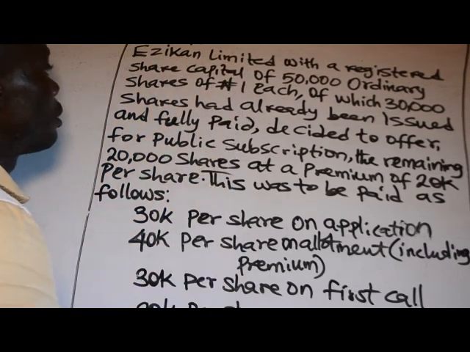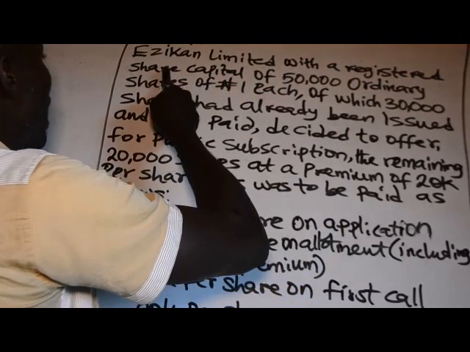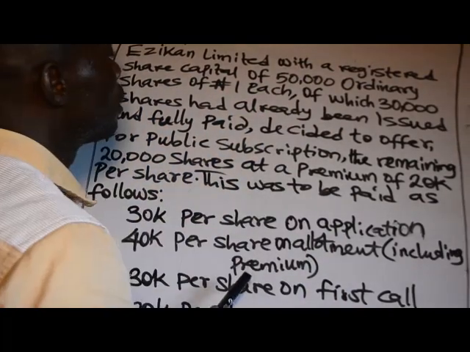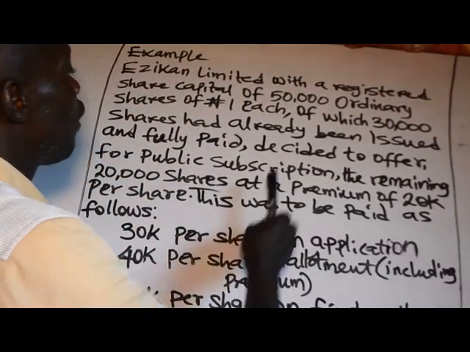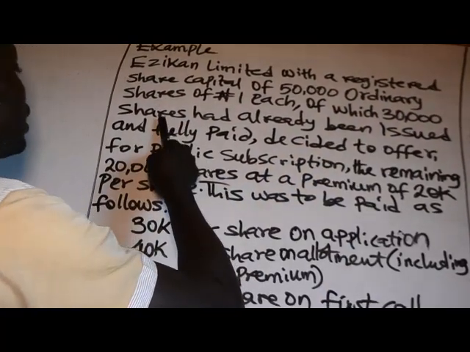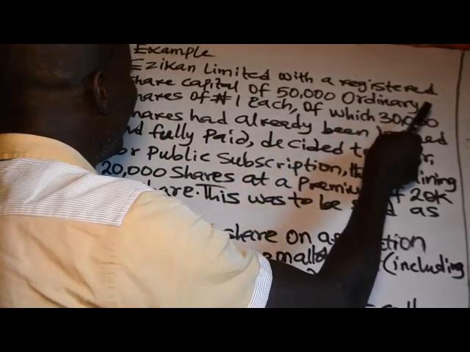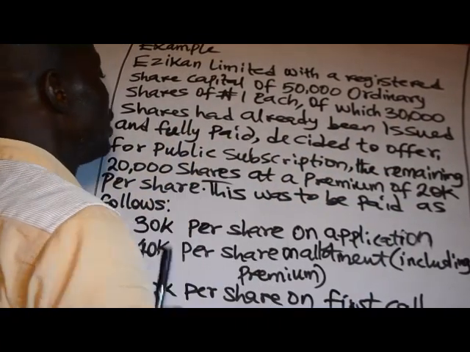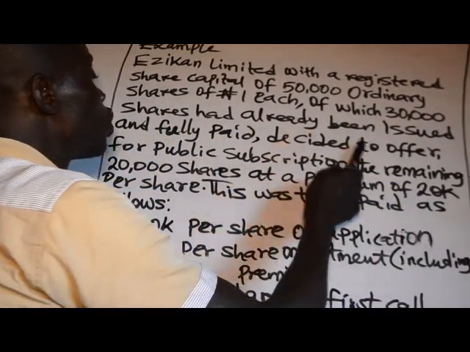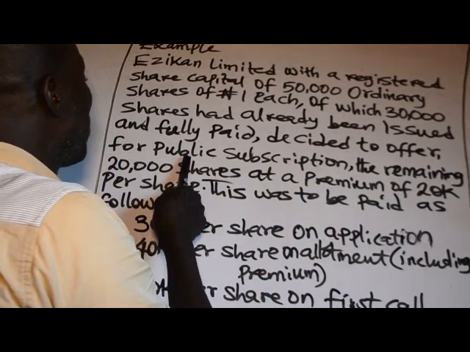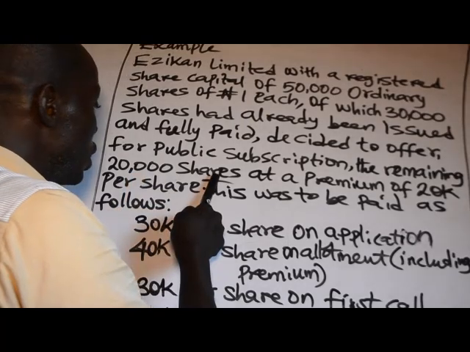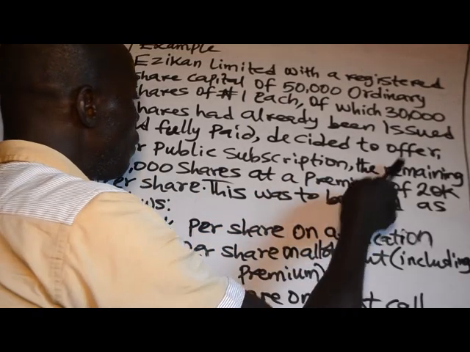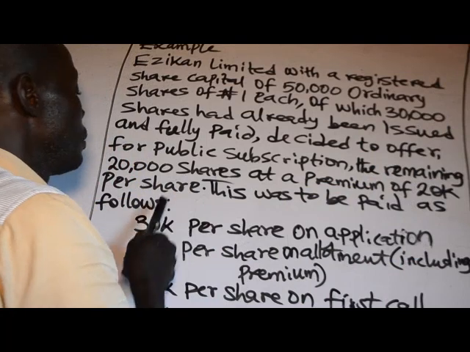ICAN Limited, with a registered share capital of 50,000 ordinary shares of 1 naira each, of which 30,000 shares had already been issued and fully paid, decided to offer for public subscription the remaining 20,000 shares at a premium of 20 kobo per share.